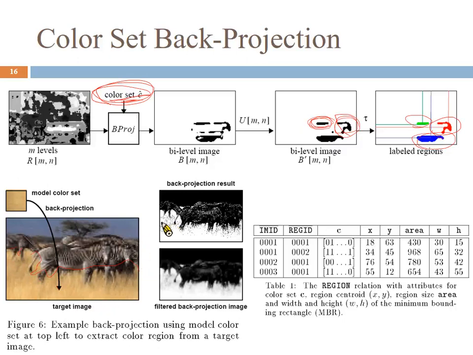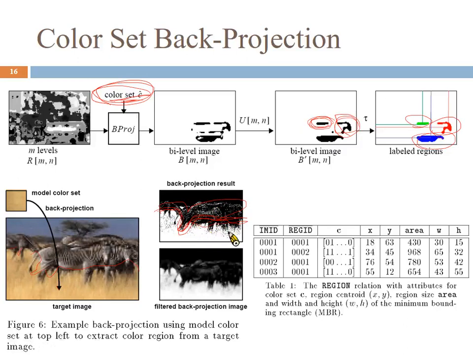Okay, so the grass region may be extracted after some post-processing like thresholding and morphological operation. This region may be extracted. And all the regions belonging to the zebra may also be extracted.